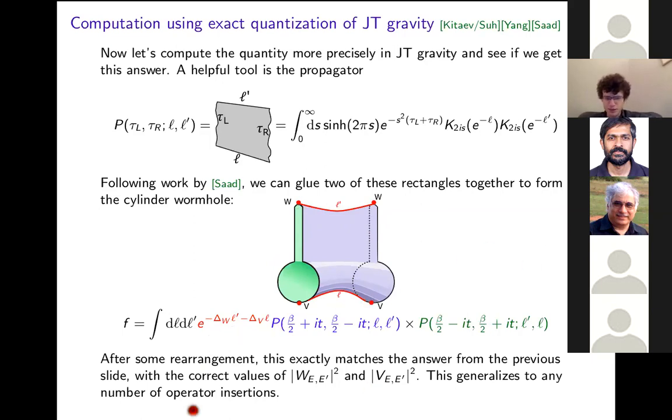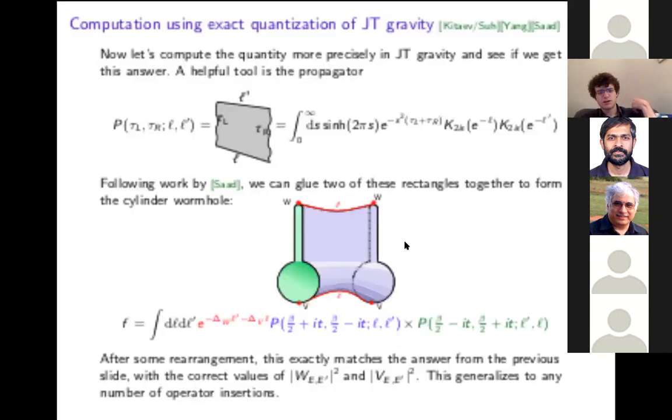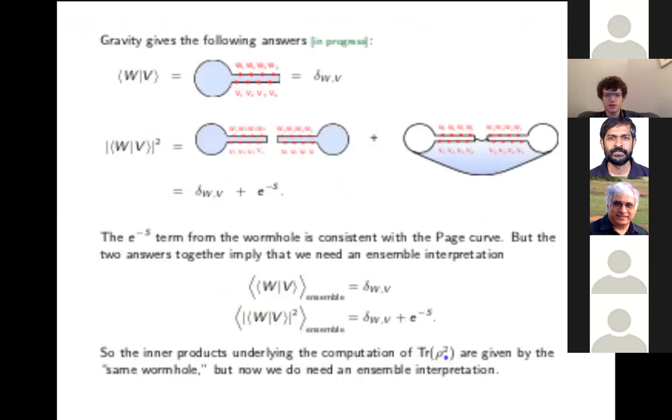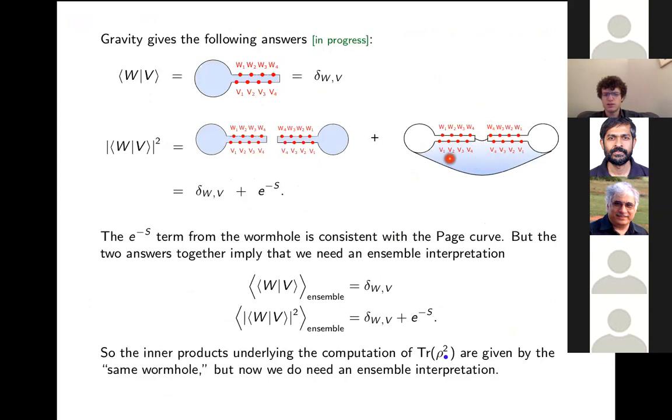Go ahead. So this calculation precisely matches with this ensemble. Well, so I tried to argue here that this wormhole gives this e to the minus S answer, which is what we need.